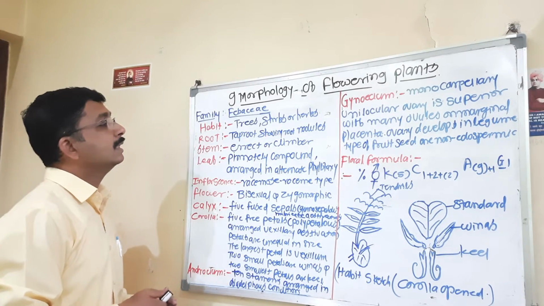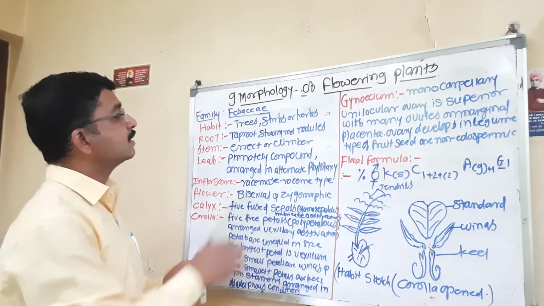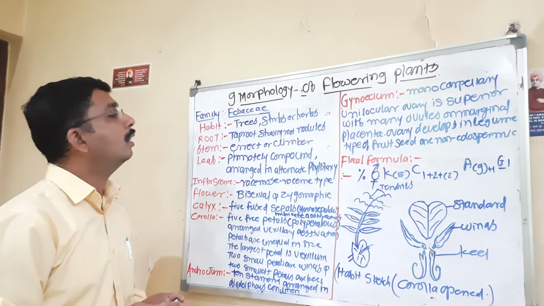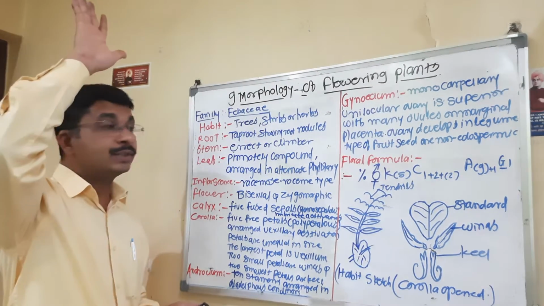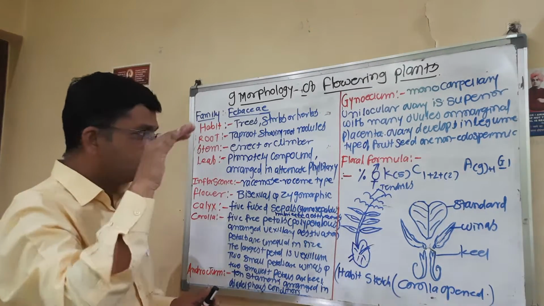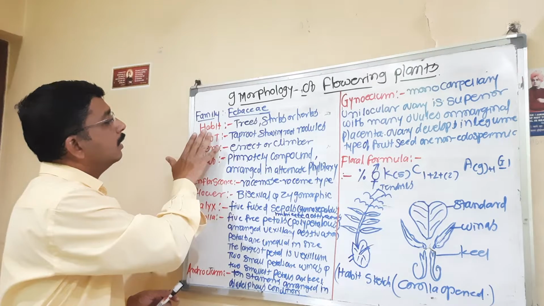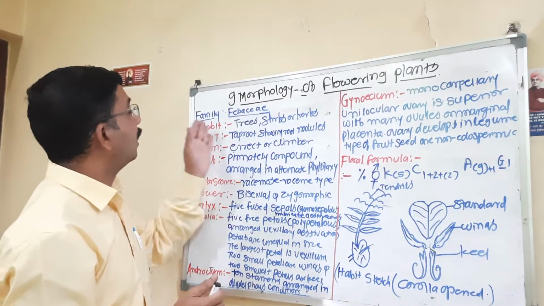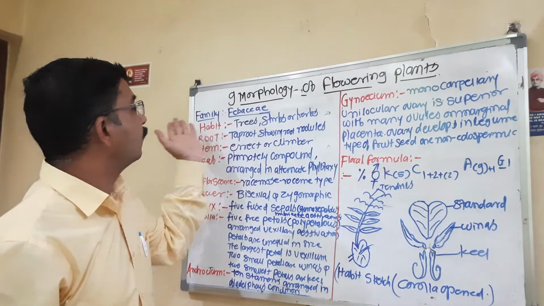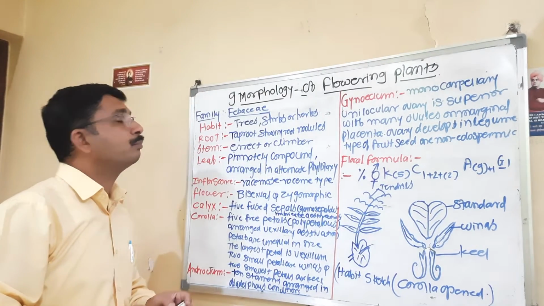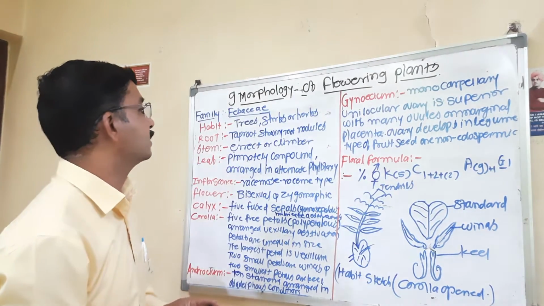The habit of that particular plant is tree, shrub, or herb. A big tree, shrub, or herb. This kind of habit plants are included in this family, that is family Fabaceae.